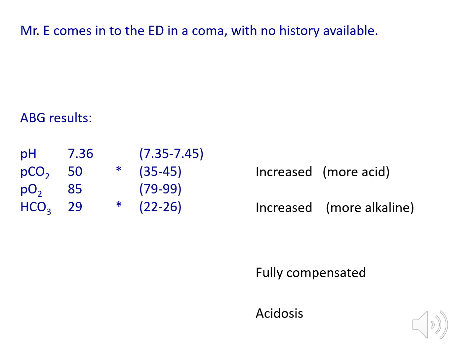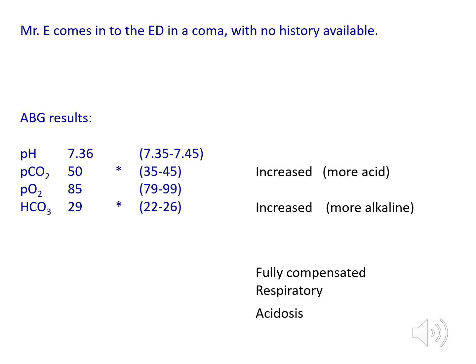Okay, so which one of those values caused the original acidosis? It's got to be the PCO2, right? Because that's the only value that's making you more acid. So PCO2 is your respiratory component.